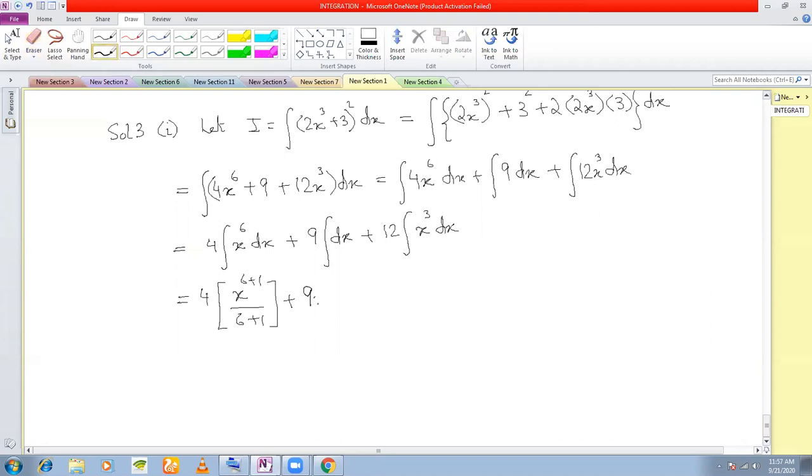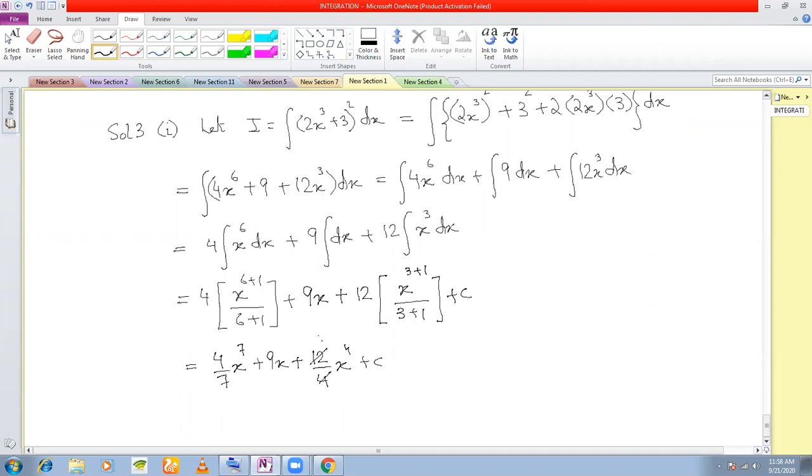So you can write this as 9x plus 12x cube you can write as x to the power of 3 plus 1 by 3 plus 1, plus a constant of integration. So you get this as 4 by 7 x to the power of 7 plus 9x plus 12 by 4 x to the power of 4 plus c.